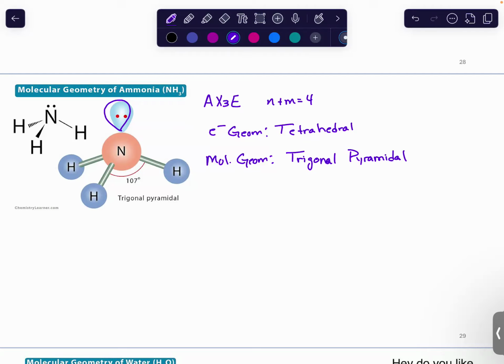Okay, now let's talk about its hybridization. How many regions of electron density do you see on the ammonia? 4. 3 bonds and a lone pair. So 4 regions, sp3 hybridized. Remember, every single bond is a sigma bond. We have 3 sigma bonds in there.